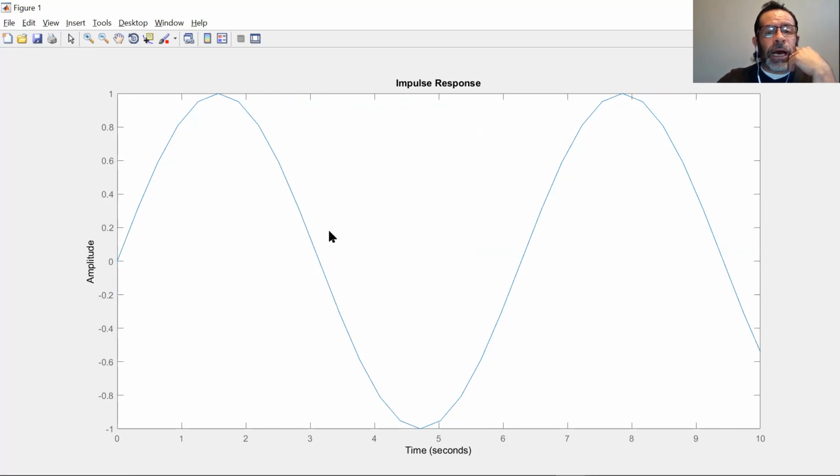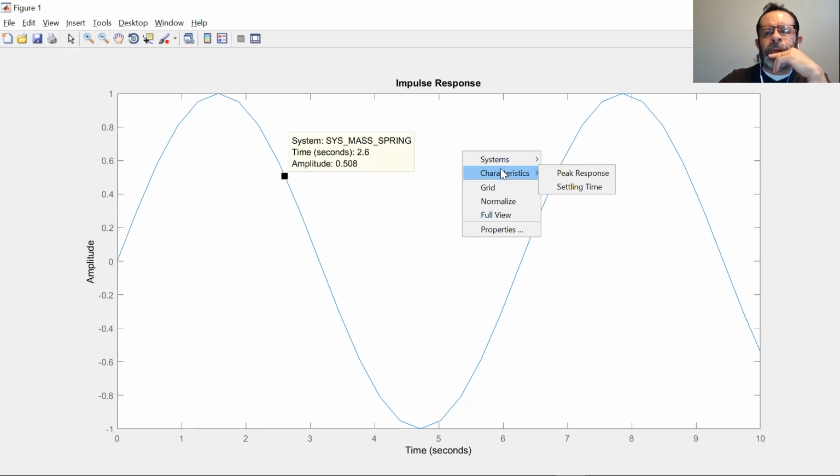Okay, and the interesting thing about this is I can select any point in the plot and see values. This is going to be important further on when we analyze the responses of the systems. We can see values here. We can look at other properties. We can give it a grid if we want.